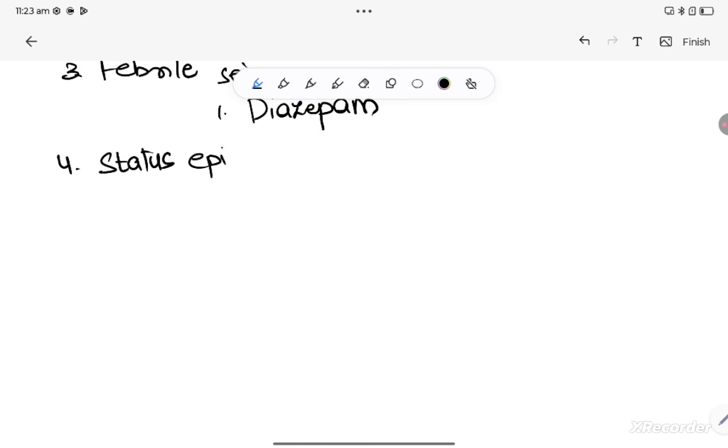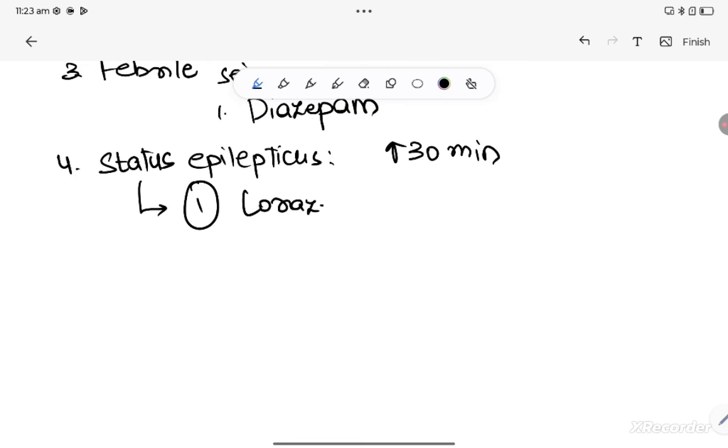The definition of status varies in a variety of ways. With respect to our books, if a patient turns up with an episode of convulsions for more than 30 minutes, then we label the patient as status epilepticus. How do we treat? Obviously, the first drug of choice is lorazepam. Lorazepam is a benzodiazepine.